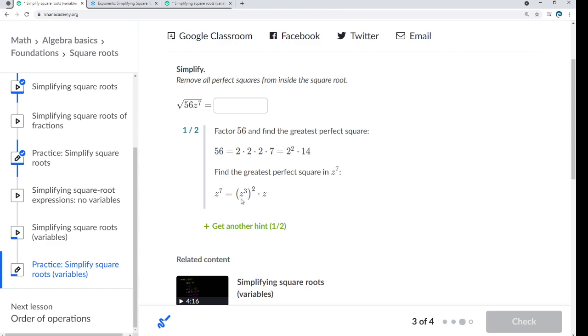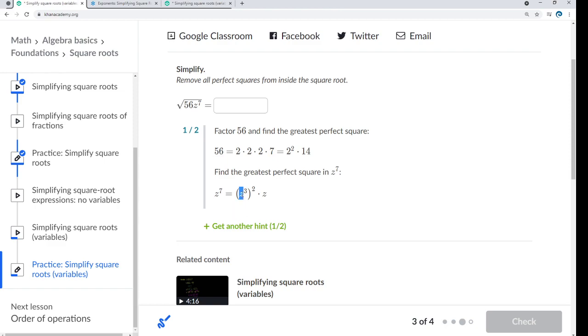So, z to the 7th power is equal to z to the 3rd power raised to the 2nd. Okay. Oh, I think maybe I have an idea. Do you just divide it by 2? Here's how I'm reading this now.